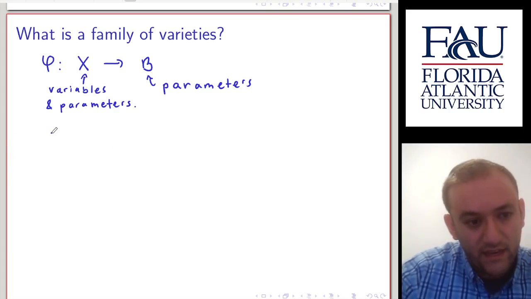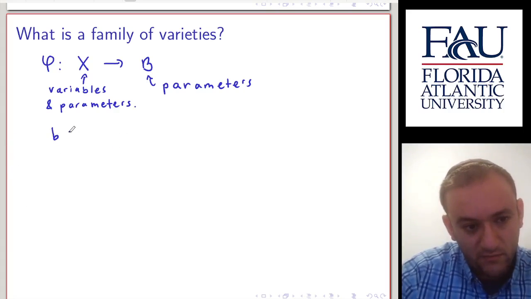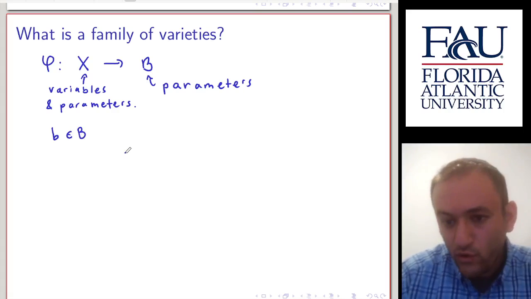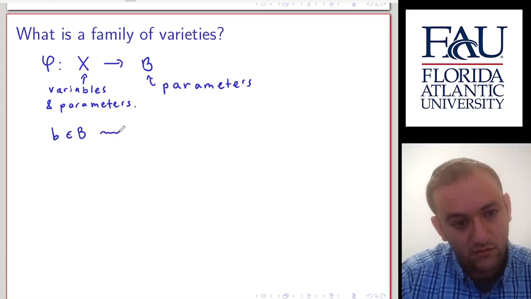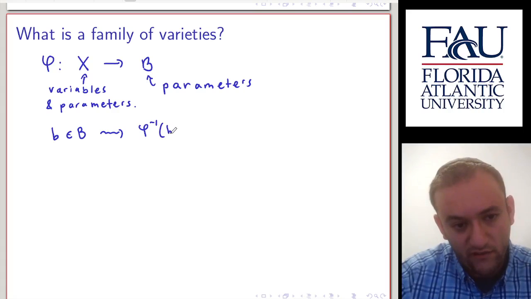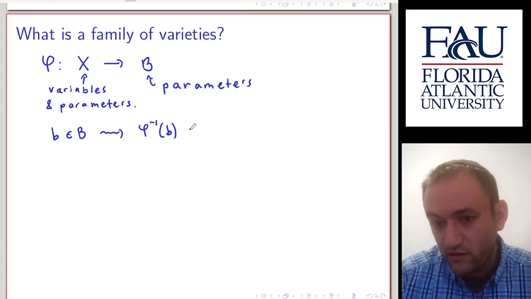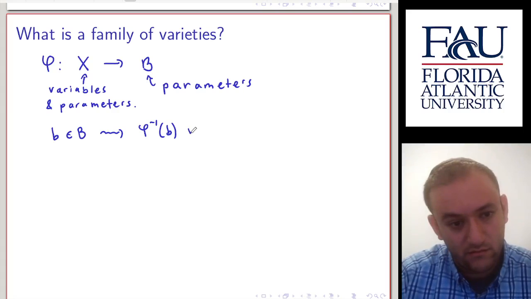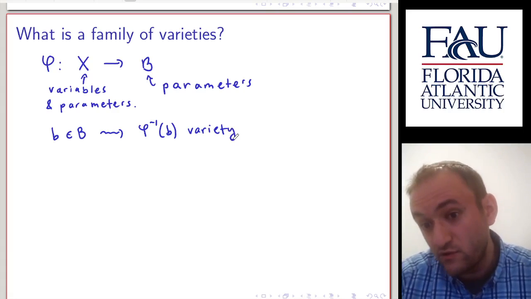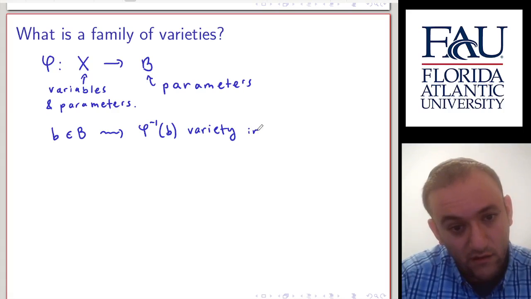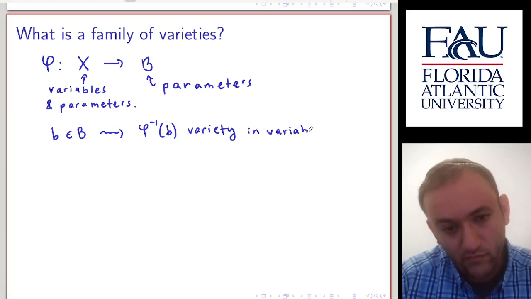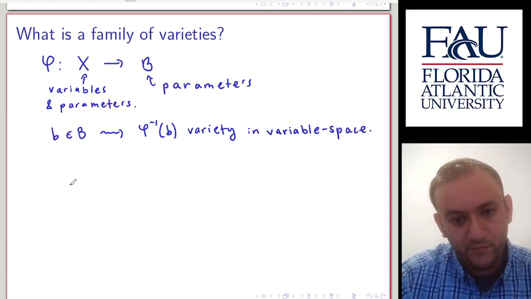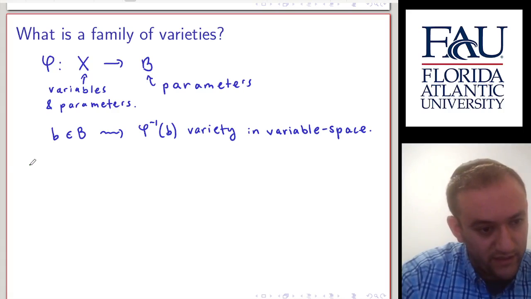Okay. Then a given point b in B will correspond to a fiber, phi inverse of b, which can be thought of as a variety in the space corresponding to variables. Okay, so an example will hopefully clarify this.